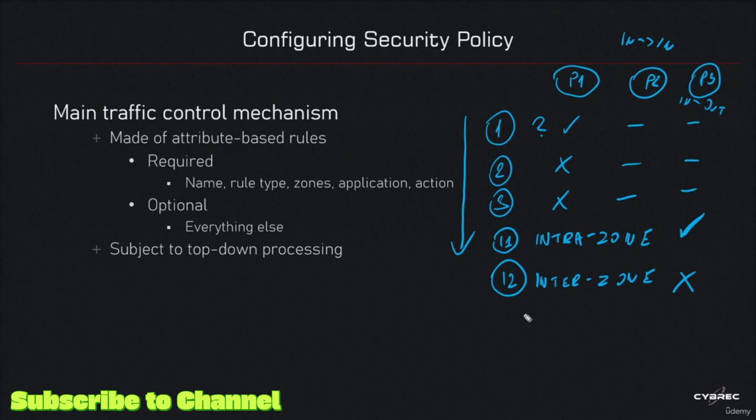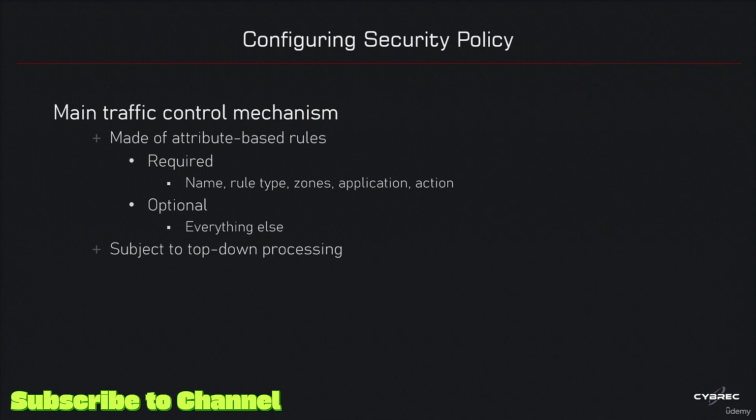Now, if we have packet 4 that doesn't match rule 1 but matches rule 2, it means that we take the action configured in the second rule and don't check any of the subsequent rules. So that's the logic here with the policy evaluation.